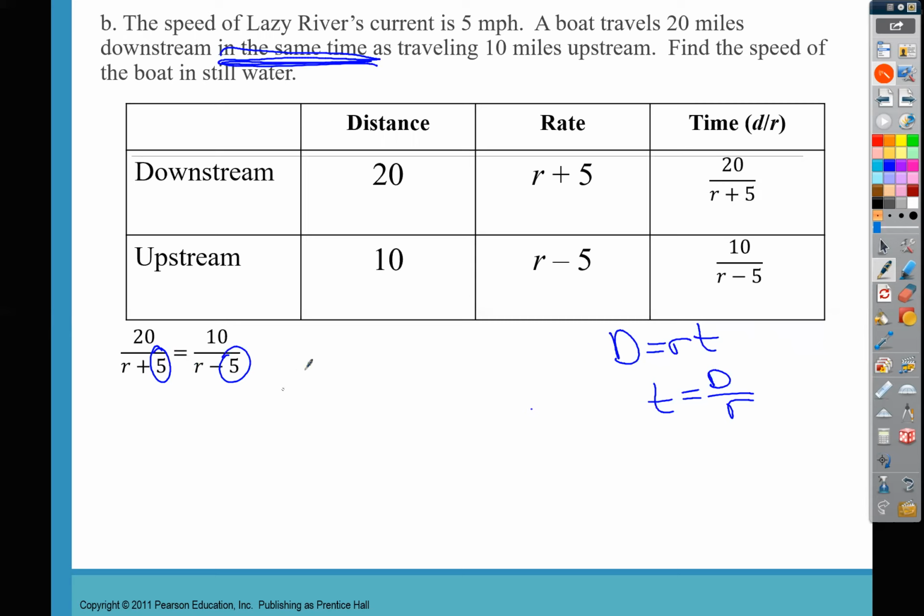So if they have the same time, that's why we're going to set them equal to each other. So if I have the distance is 20 and the rate, I know that the current is pushing me along at 5 miles an hour, then I can set it up: time equals distance over rate. So 20 divided by r plus 5. Going upstream, remember the current is slowing it down, so it's 10 miles upstream, so over rate minus 5.